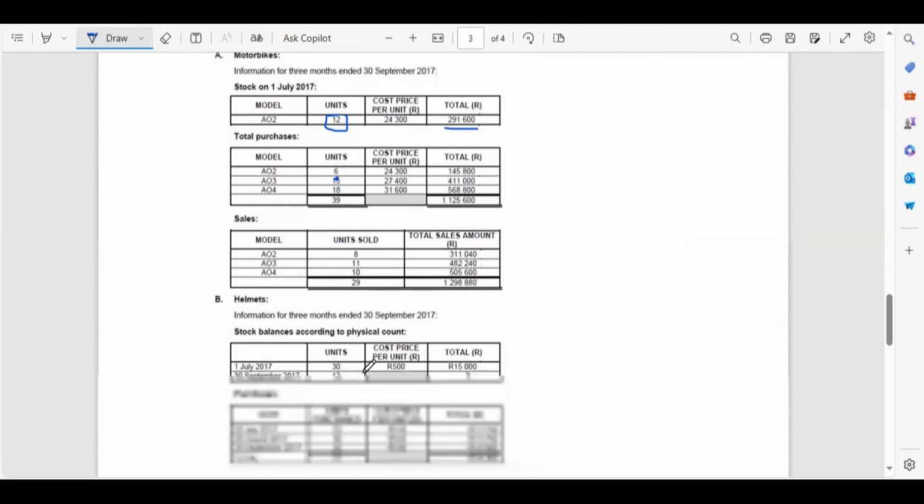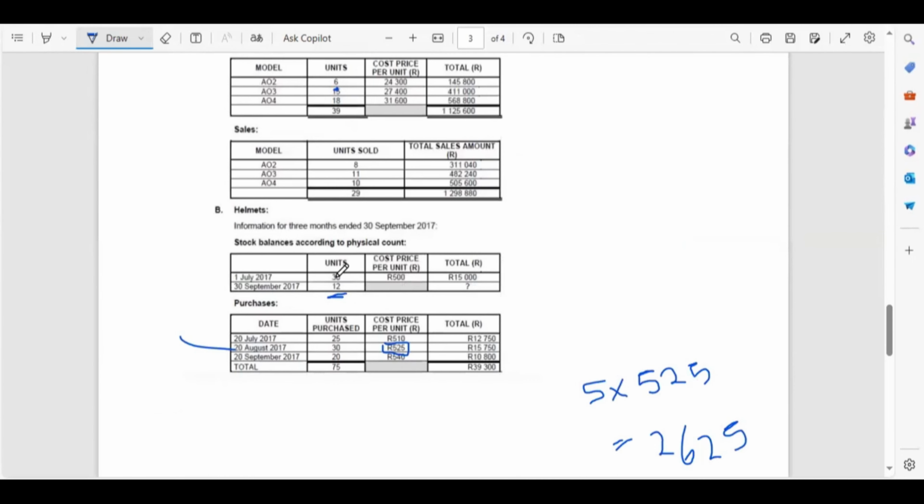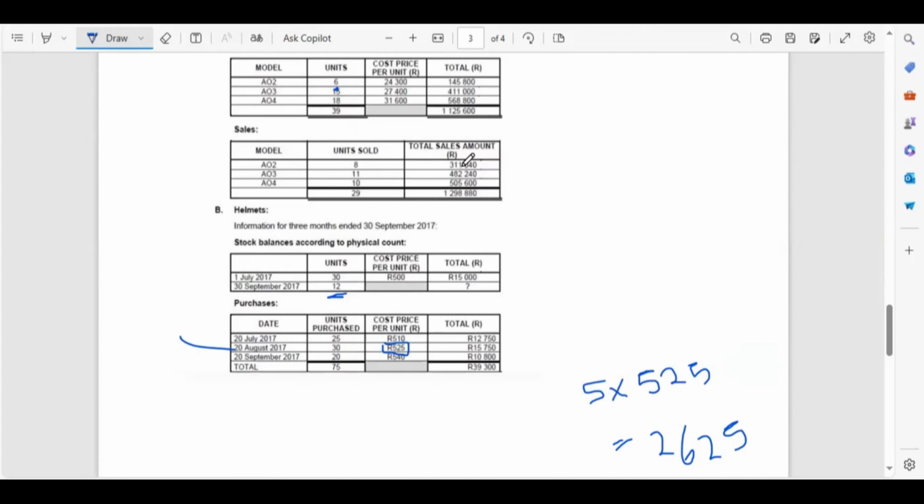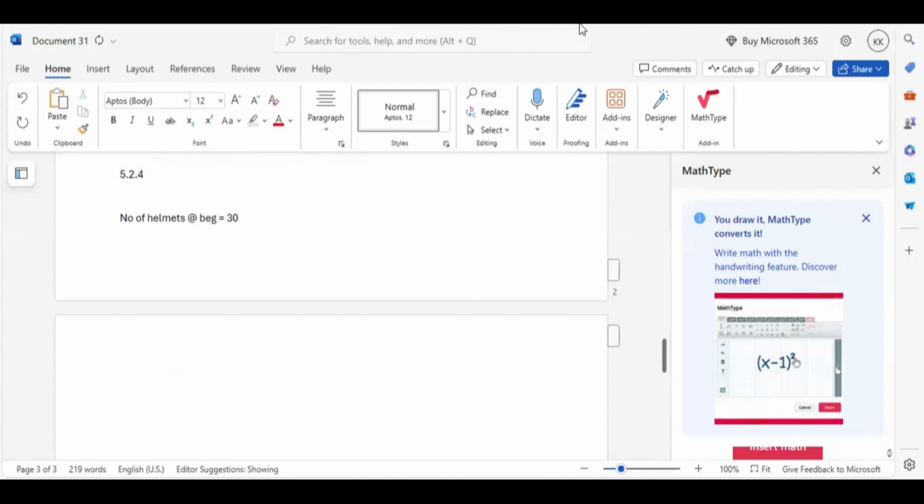Right. Now at the beginning of the year, I had what, 30 units of helmets, right? I had 30. So I had 30 helmets. Now, how many helmets did I purchase during the year? So okay, let me just do this.